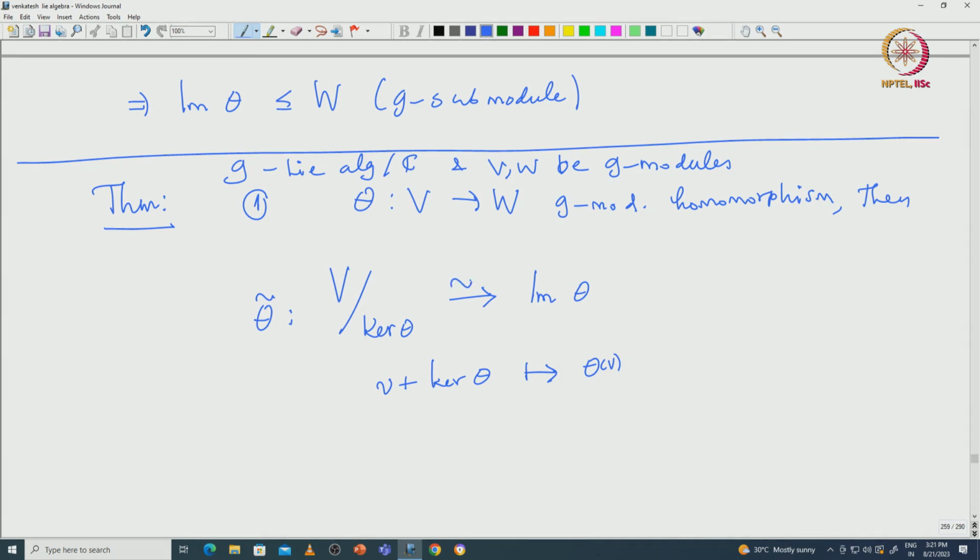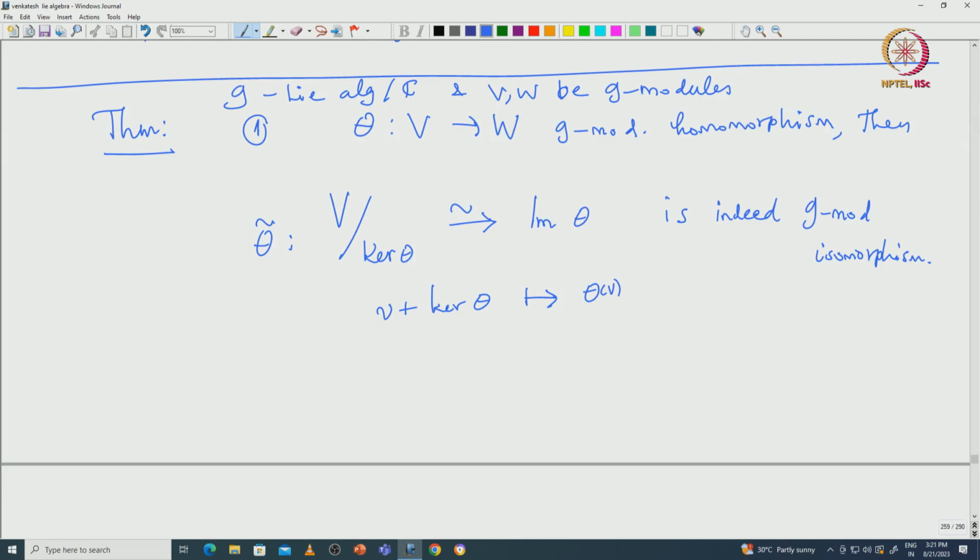We know this is a linear isomorphism, but the claim is that this is indeed a G module isomorphism. A G module isomorphism is a G module homomorphism which is again bijective. So, bijective is already there.